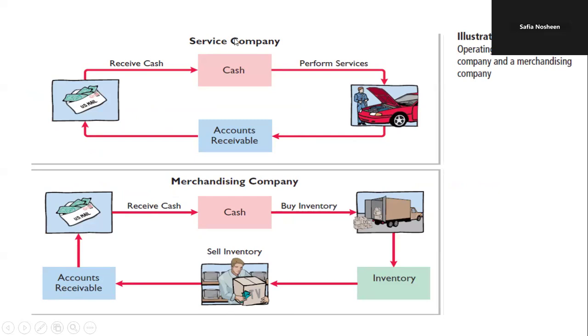Whereas in service companies, when we perform the services, accounts receivable are generated and then directly converted into cash. So the operating cycle of merchandising businesses is a bit longer than that of a service company.